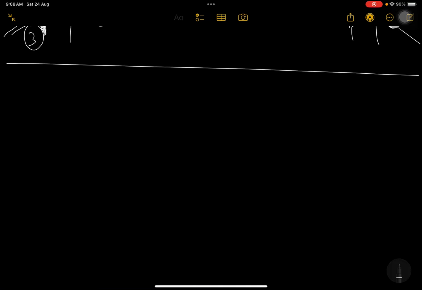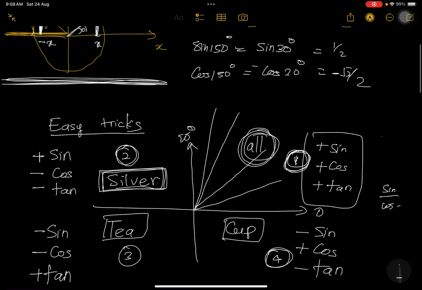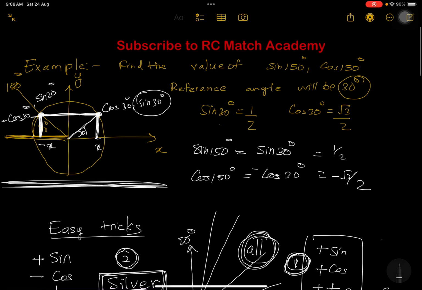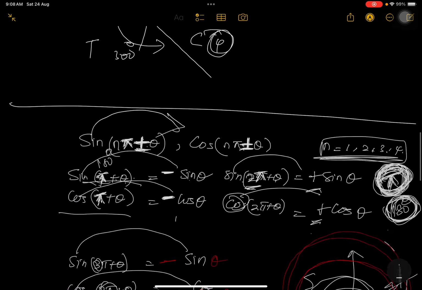So let's see the example we wrote, one example we have seen at the starting of the video. We have to find out sine 150 and cos 150. We drew this one and logically we proved it, but we can see easily by using this method that we learned now. Sine 150, cos 150.